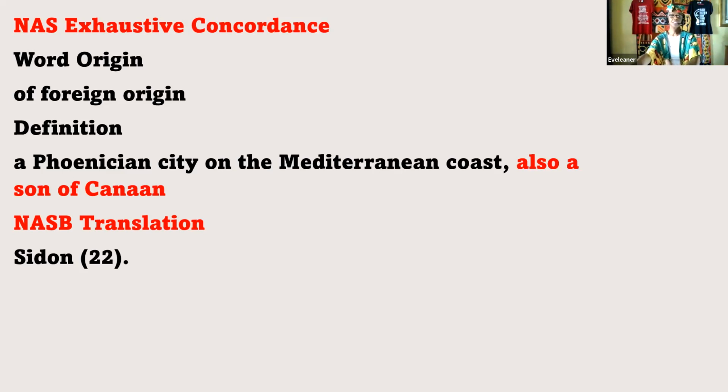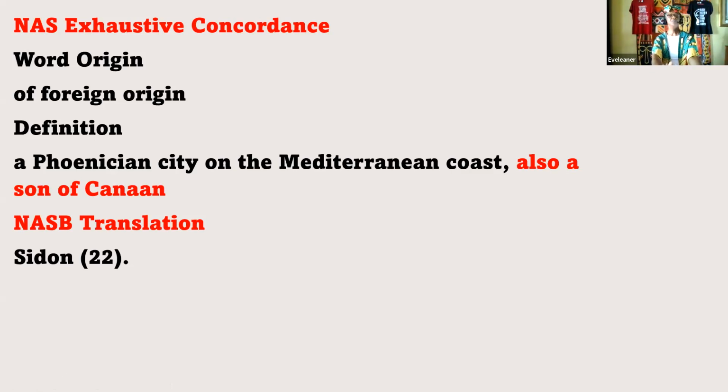As you remember, sometime towards the end of the year or the beginning of next year, I will fulfill this particular set of videos. But the Phoenicians, how are they going to be Greek when it says they're from the son of Canaan?